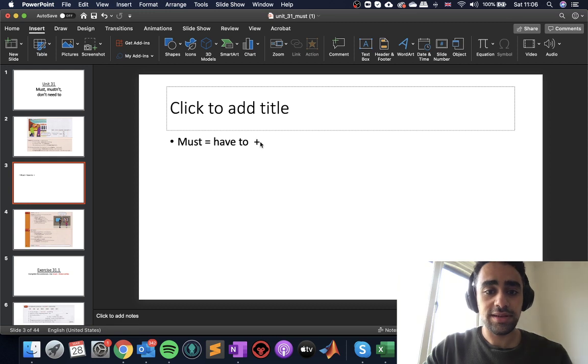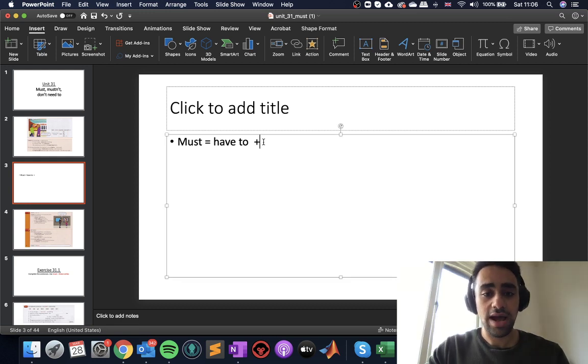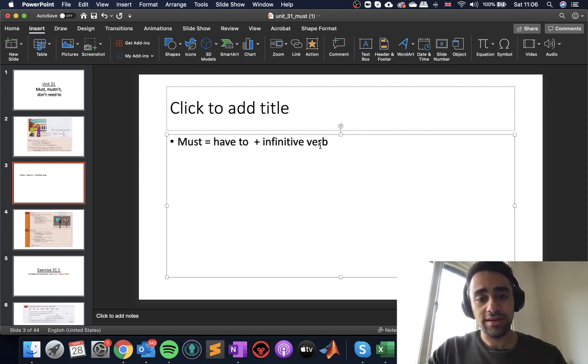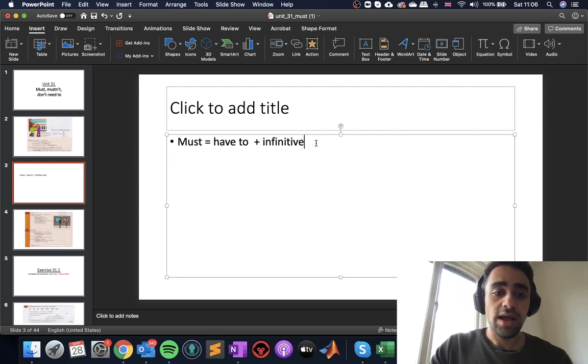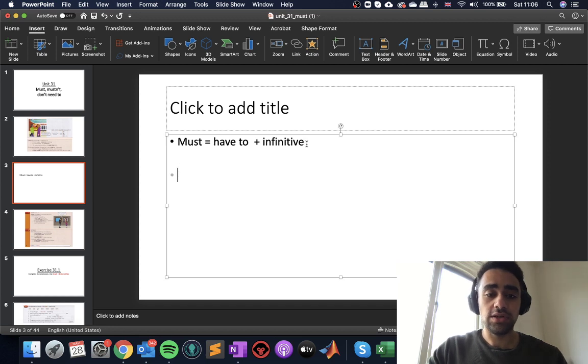So after must or have to, you have the infinitive, and then the verb. So must and then the infinitive of the verb, and then have to, and then the infinitive version of the verb. And in the past, we don't have a past version of must.